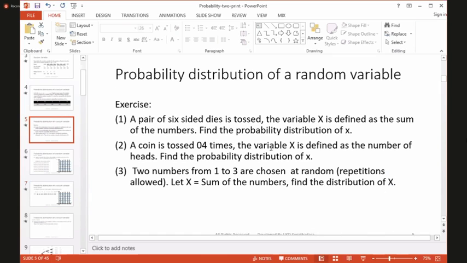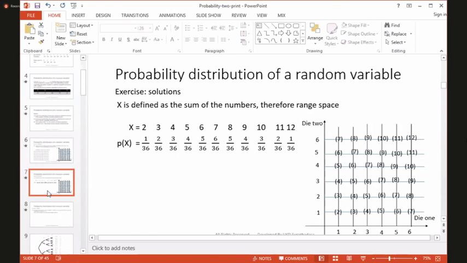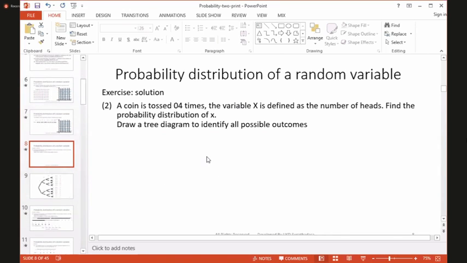Toss a coin 4 times, and the variable X is defined as the number of heads. Find the probability. In this case, what are the outcomes? Remember, X is defined as the number of heads this time.